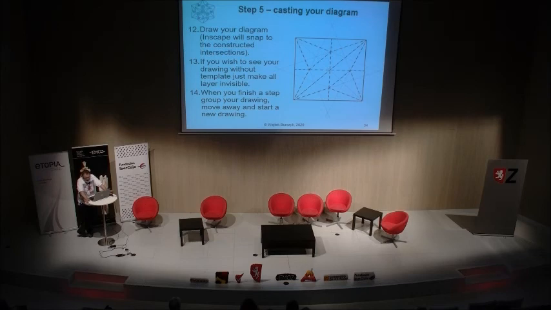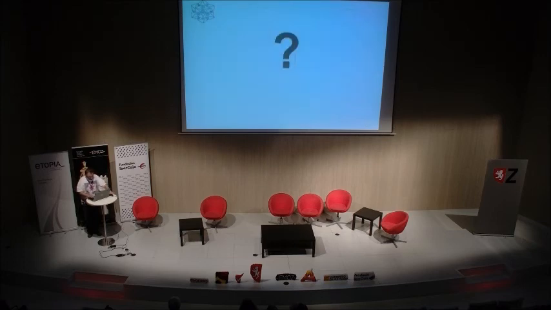And when I finish a step, I group all the objects and move the diagram to another place, and I draw in the same place on my grid the next step. Actually, I duplicate and modify the existing diagram. Any questions?